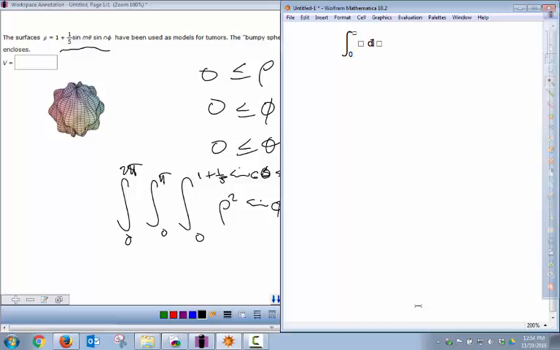So 0 to pi, 0 to pi, and 0 to that function, 1 plus 1/5 sine 6 theta times sine 5 phi.